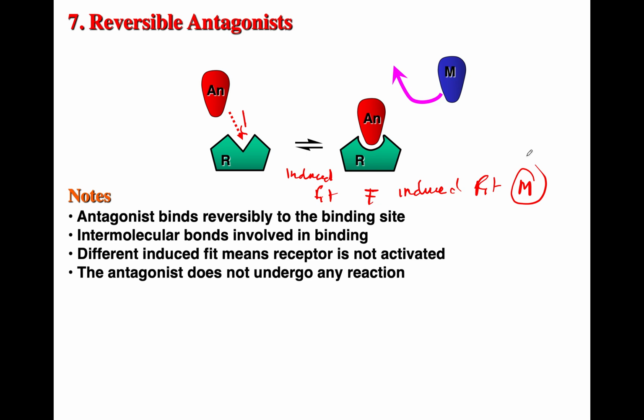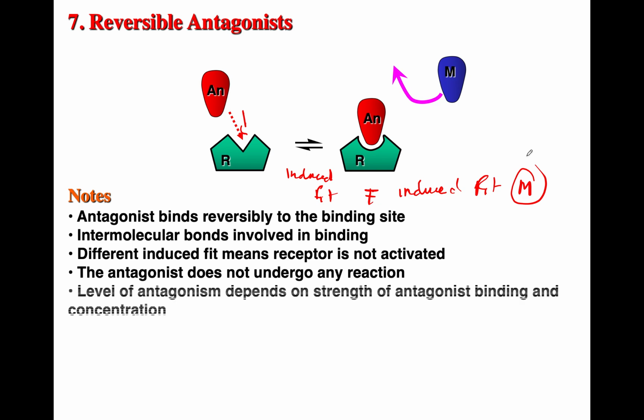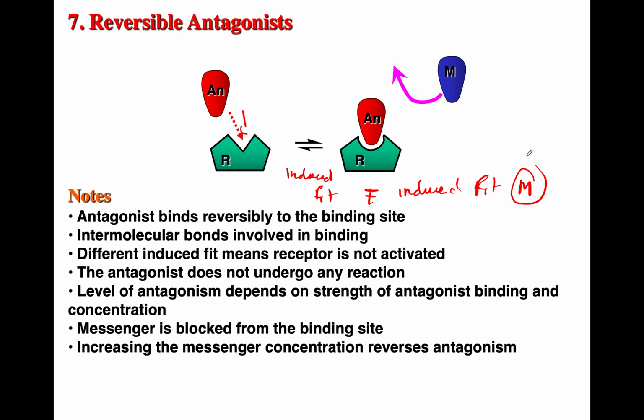In this particular case, the antagonist is not going to undergo a reaction, and as we mentioned before, it depends on the concentration of the antagonist. The messenger is blocked from the binding site, and if you increase the concentration of the messenger, you can actually reverse the antagonism.